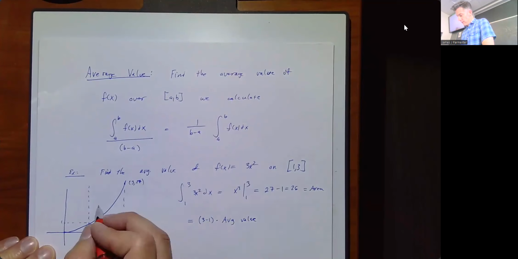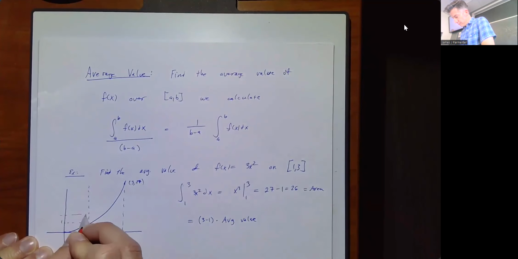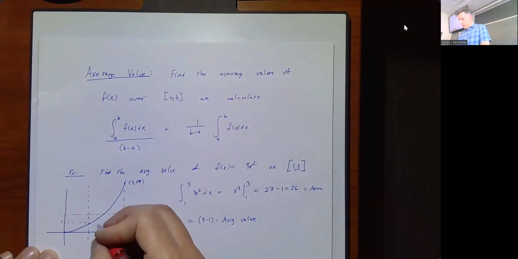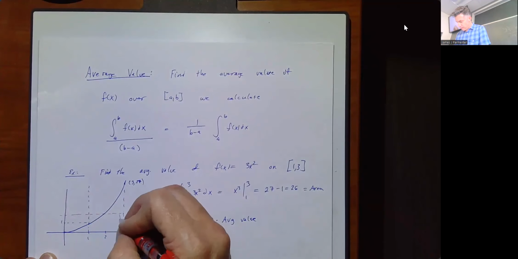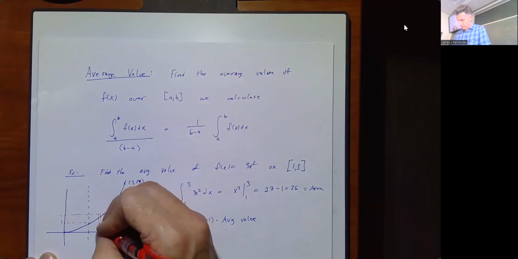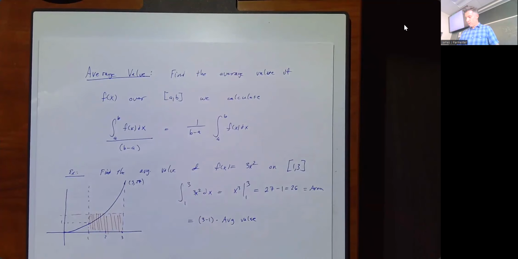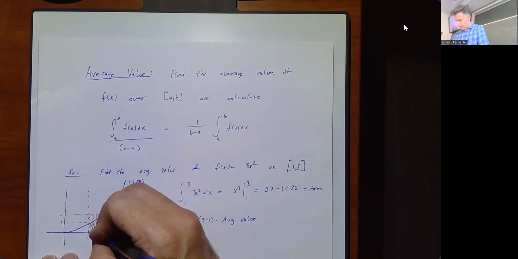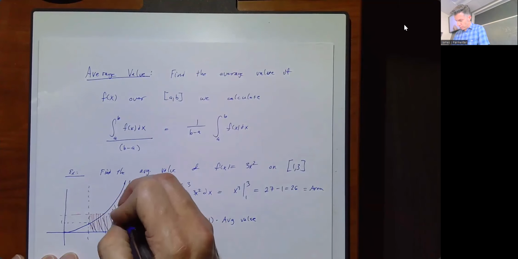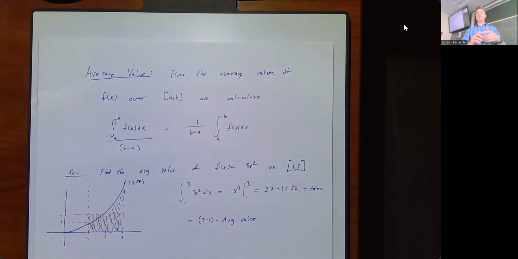Sure, let's say it's about right there. This region here, this area in red, again, assuming my picture is not terrible, should be the same as this area in blue. But the area in red is all at the same height, whereas the area in blue is the actual area under the curve.